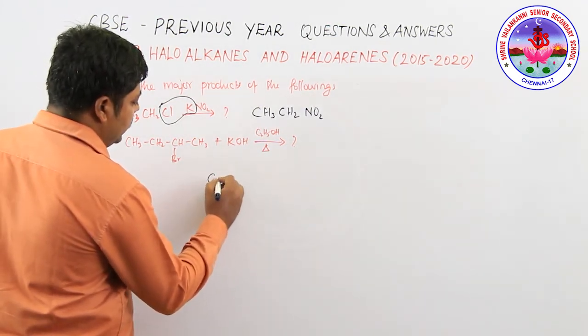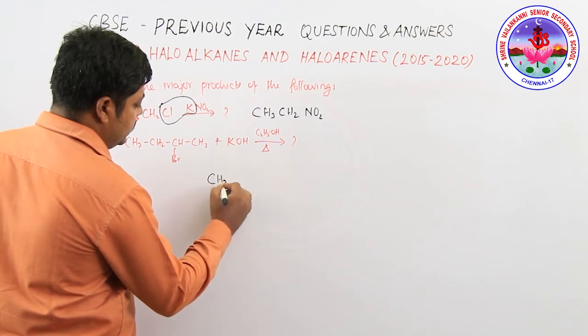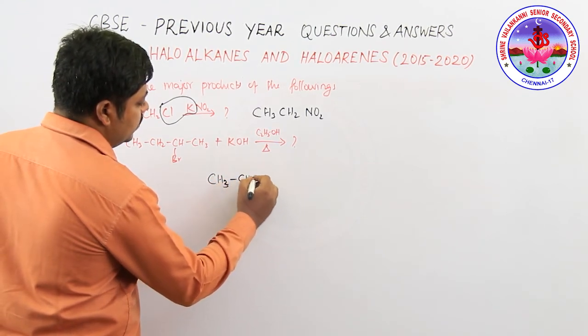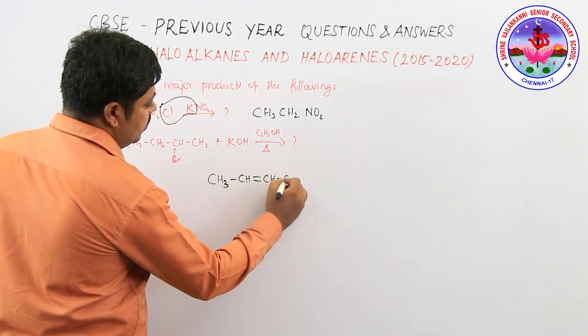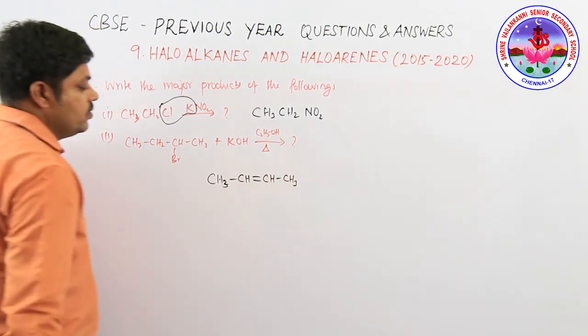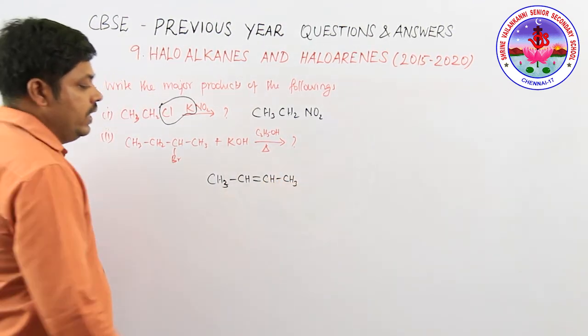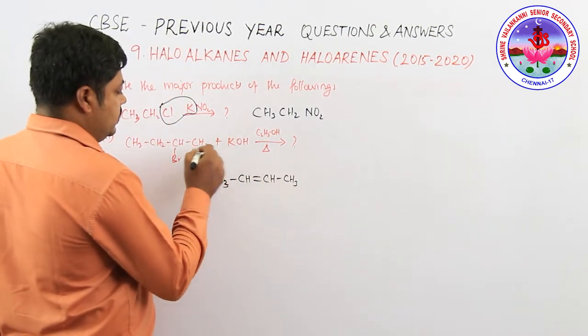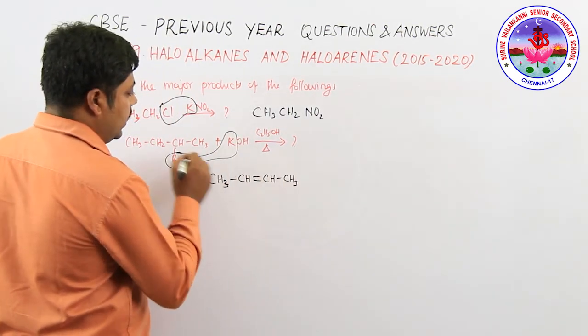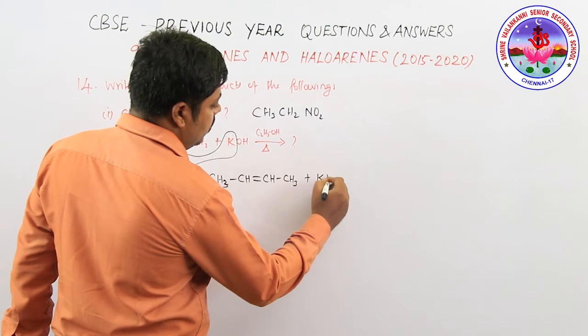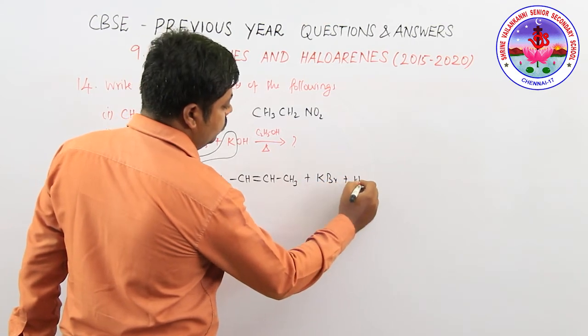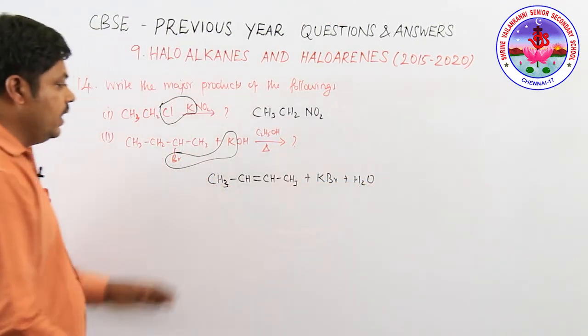So the product is CH3CH=CHCH3, butene, along with KBr and H2O. So this is the answer.